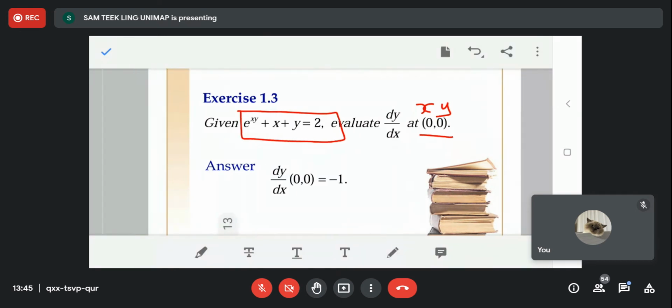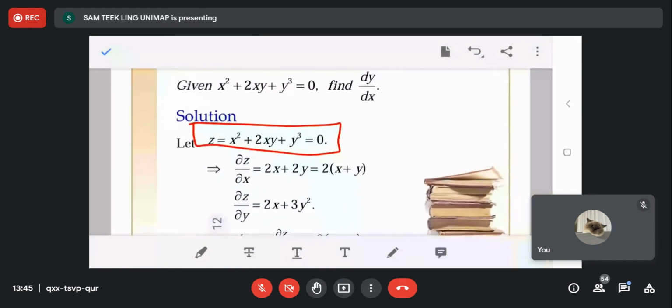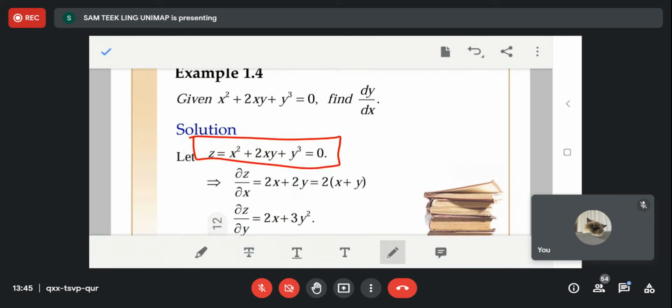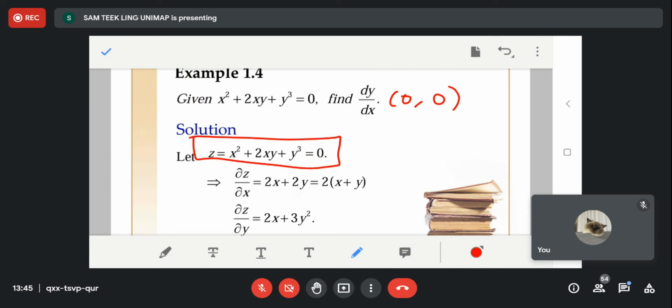For example, in this same question, they also say 0, 0, therefore dy/dx at 0, 0.